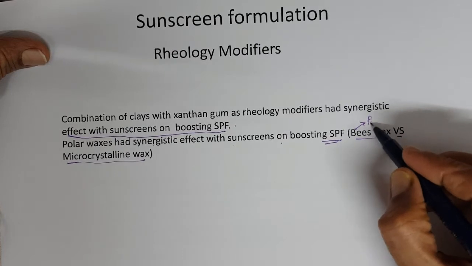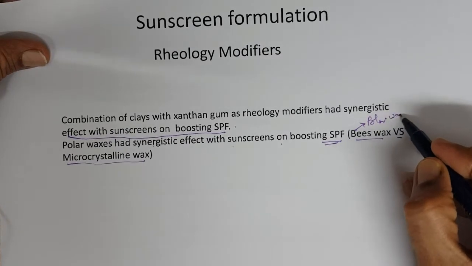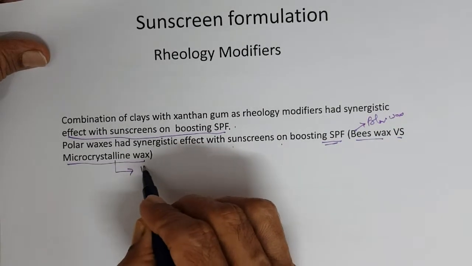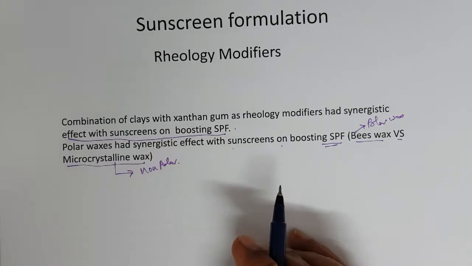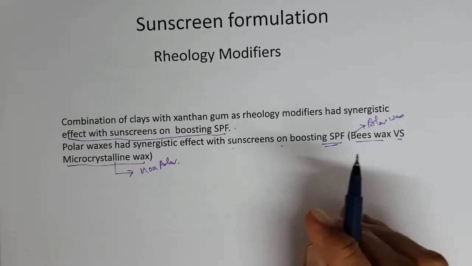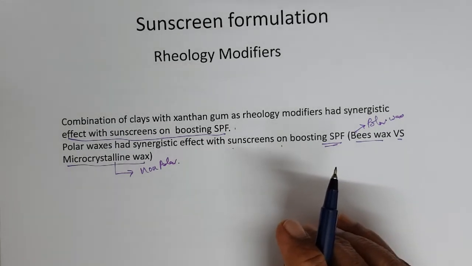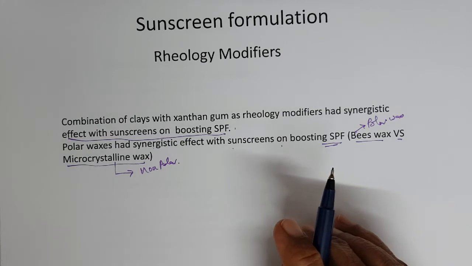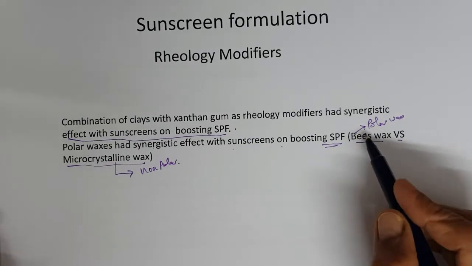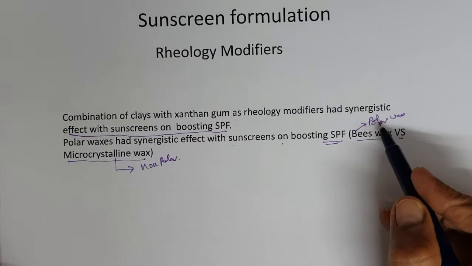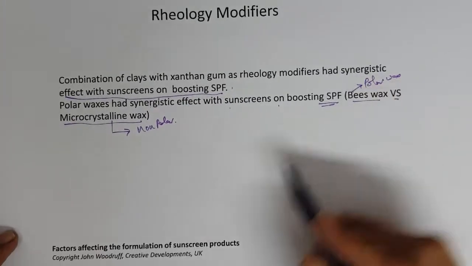Beeswax is a polar wax. This is non-polar. So, combination of gums with clays found to boost SPF, right, in the formula as rheology modifying agents. Same way, inclusion of polar waxes seems to boost SPF.